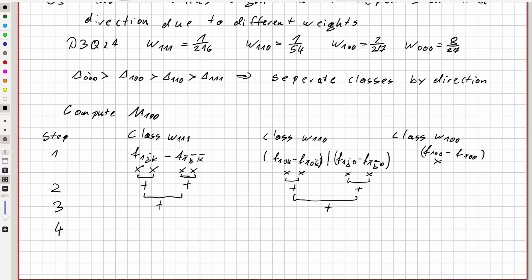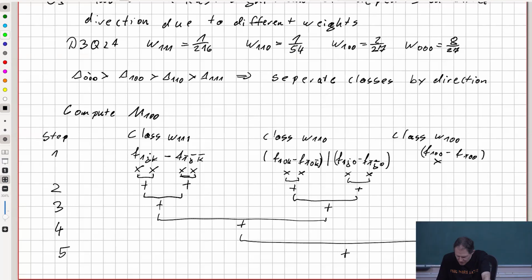And then we come to the fourth round where now there are no more things of the same class left. So we put these here together. And in the last round, round number 5, we add this here to this. And then we have the moment M100 calculated like this.